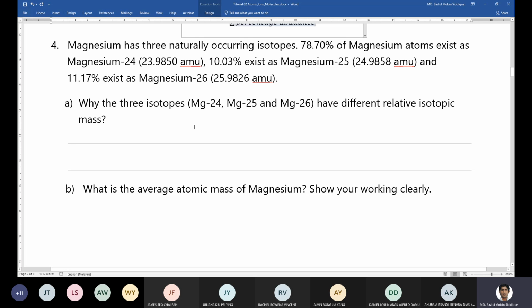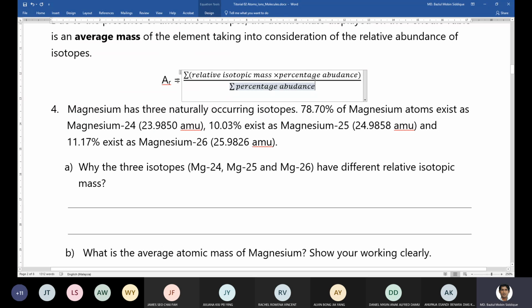The average mass of magnesium will be the relative isotopic mass of each of them multiplied by the percentage of abundance.